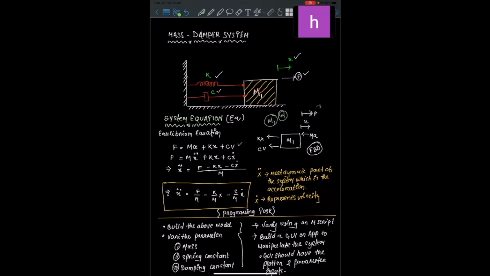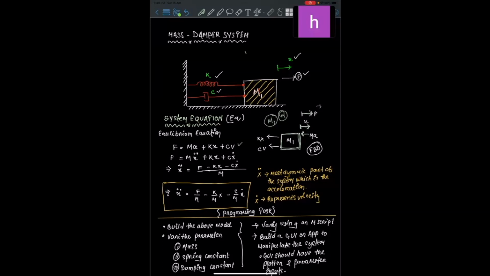With the application of force, the body moves in the x direction to the right-hand side, so a mass into acceleration output will be produced, equal to ma, which will be in the opposite direction.